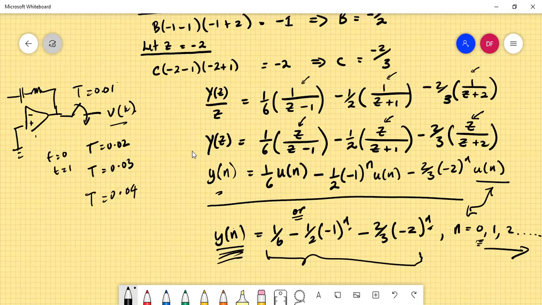Because as I was trying to point out last week, when I take a circuit and sample it, I no longer use a differential equation to represent the system. I use a difference equation, and that is what we have to use to describe the output of the system. So this Y represents the output of the system at the discrete time intervals.